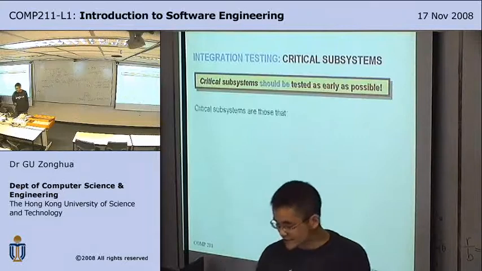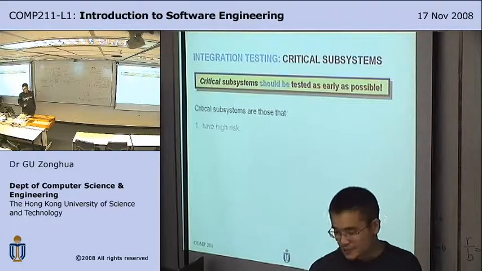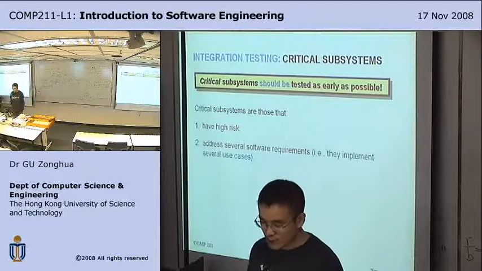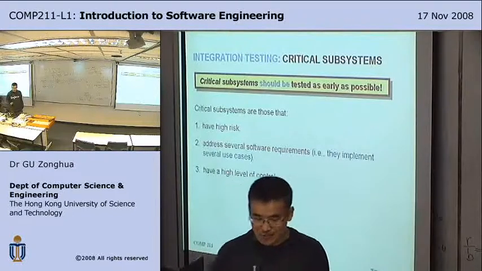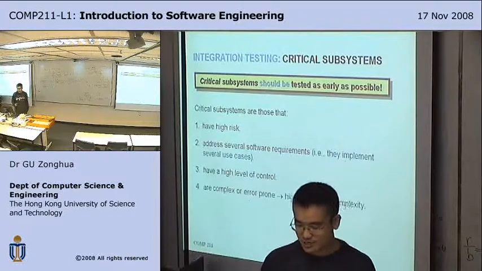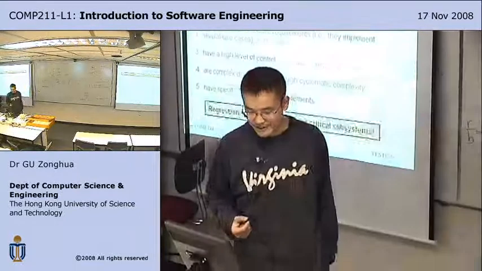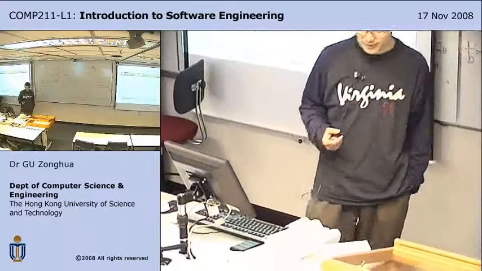So critical subsystems should be tested as early as possible to detect any critical failures of the system. So critical subsystems are those that have high risk, address several software requirements, that is, they implement several use cases.